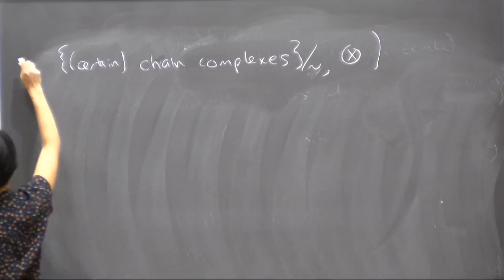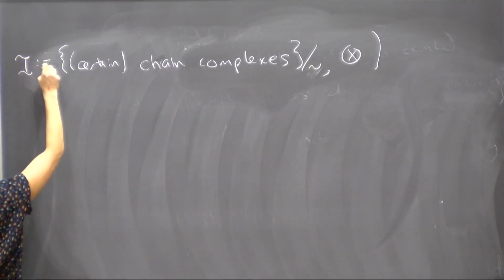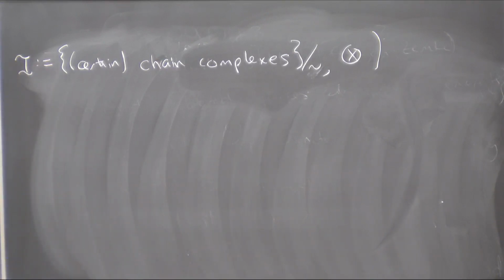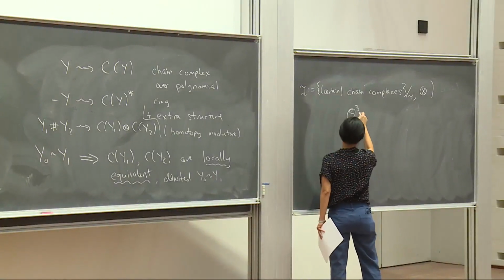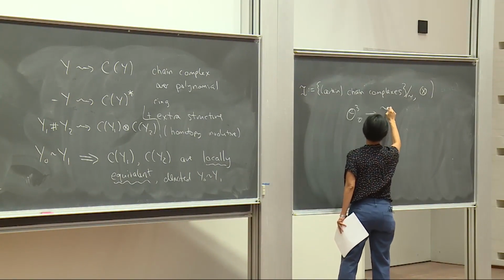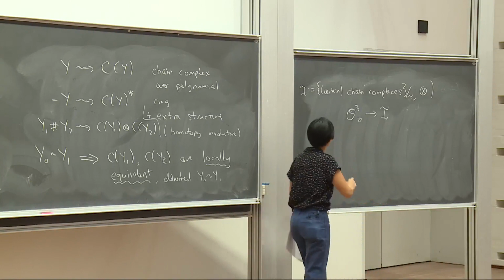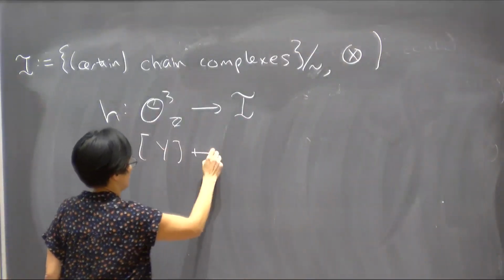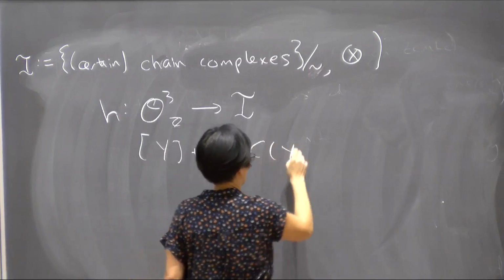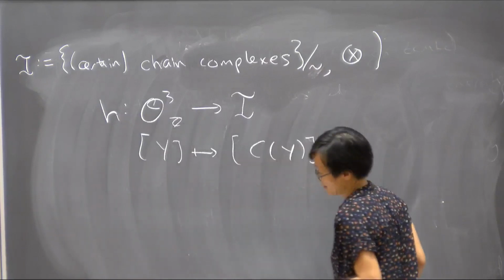I'll denote this with a fancy I. And by construction, we get a homomorphism from the homology cobordism group to this more algebraically defined group. We'll just send the class of a three-manifold to the equivalence class of its chain complex.